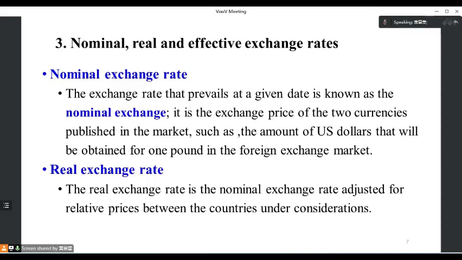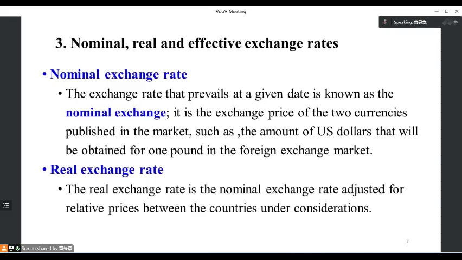Give an example. One pound, or we can say one British pound, can change into how many US dollars.